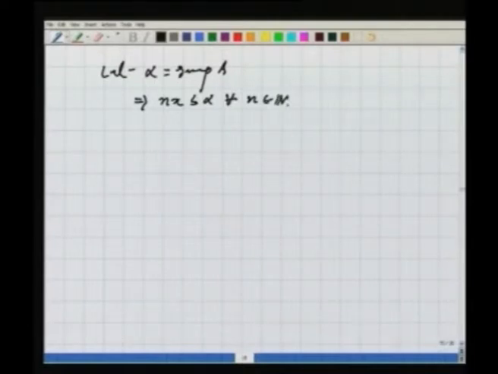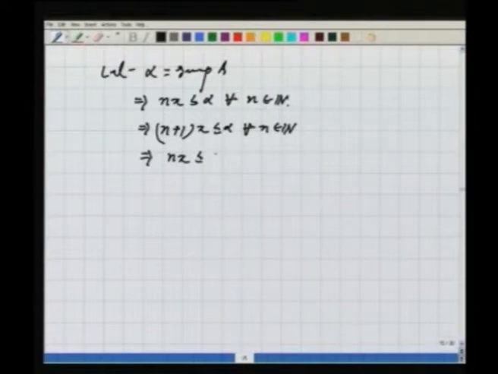Well, that also means that (n plus 1)x is also less than or equal to alpha for all n in N, because if n is a natural number, so is n plus 1. Well, this implies that nx is less than or equal to alpha minus x. Notice that this alpha minus x is positive. Well, what does it mean?